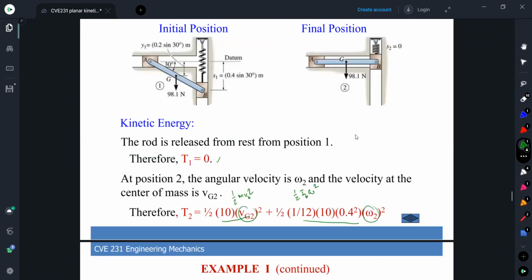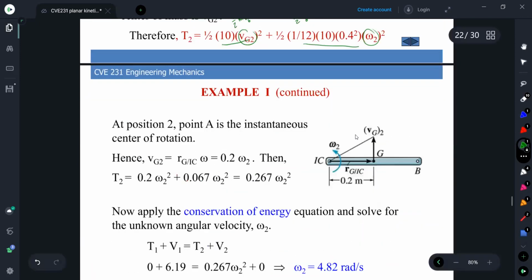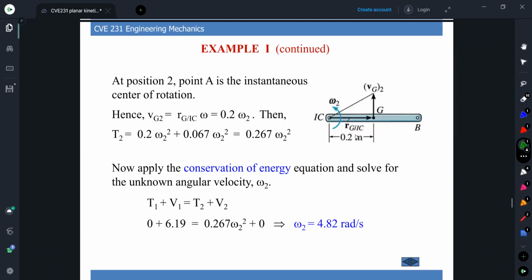If we consider at position 2, point A is the instantaneous center of rotation. So vG is equal to rG/IC times omega, that is equal to 0.2 omega 2.